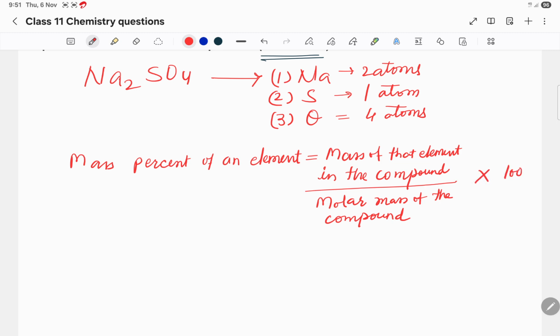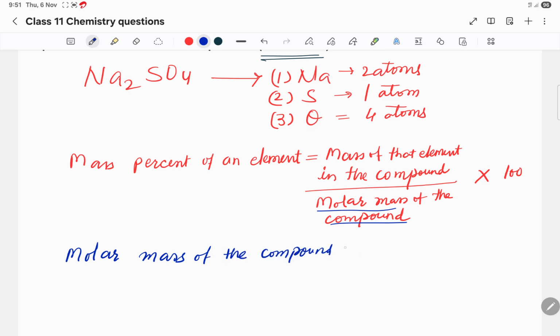Okay, so this is the common formula for calculating the mass percentage of an element. So first of all, we should also know what is the molar mass of the compound. To calculate molar mass, we have already done how to calculate the molar mass of a compound.